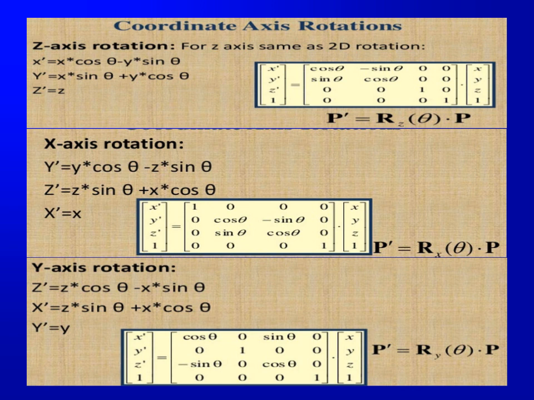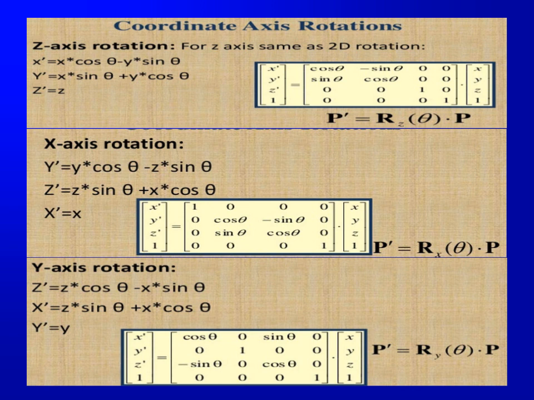So see first the matrices: the new coordinates x dash, y dash, z dash and a 1 are equal to the y-axis rotation matrix. Now your y value is what? Is 1, right? So x dash is equal to cos theta 0 sin theta and 0, and z dash is minus sin theta 0 cos theta and 0, right?